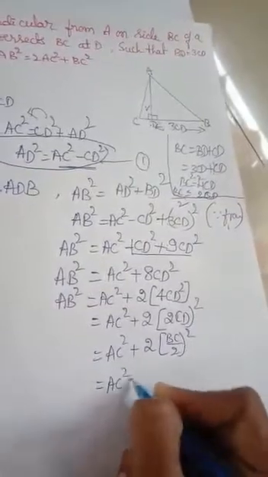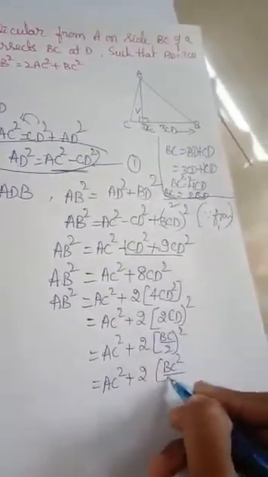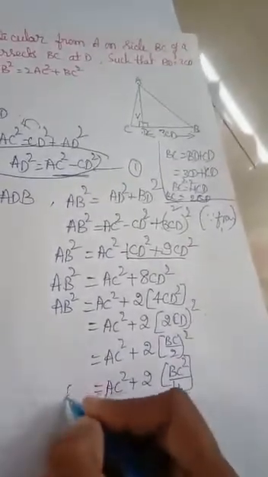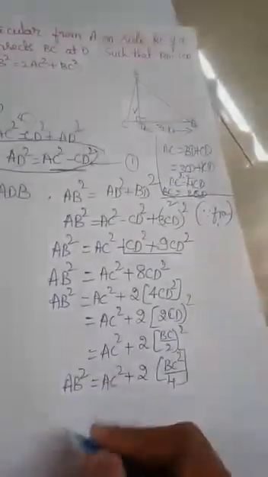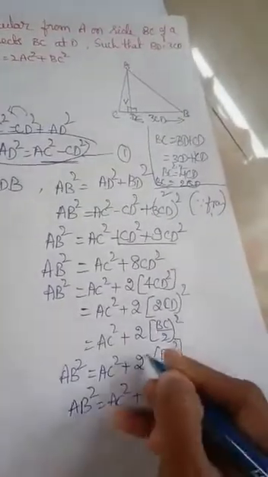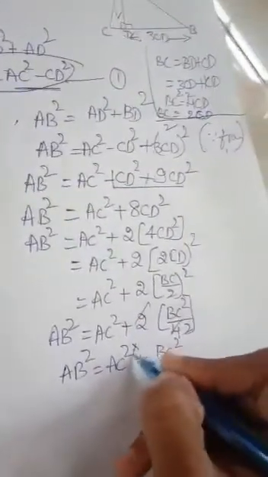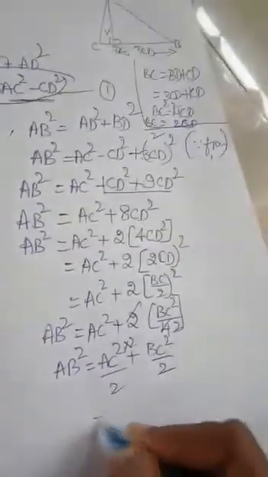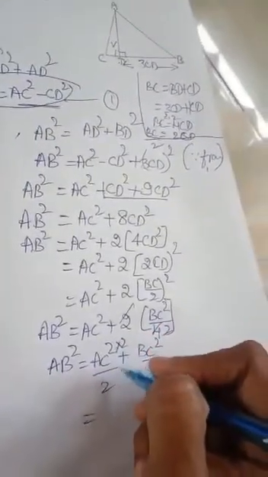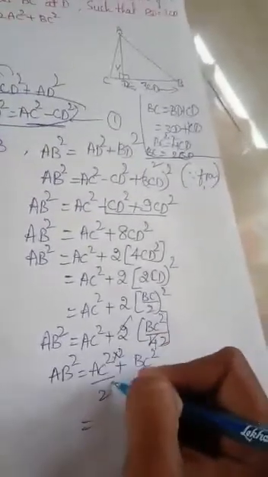AB square is equal to AC square plus 2 into BC square by 4, which is AC square plus BC square by 2. We take the LCM, or make the denominator the same, so multiply both numerator and denominator by 2.